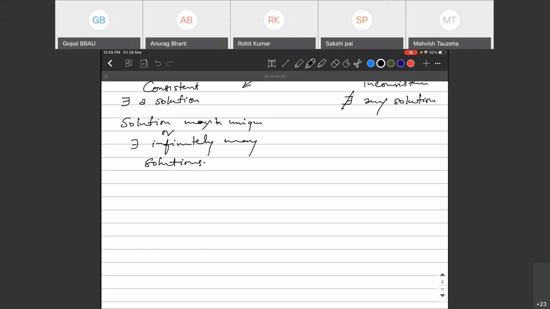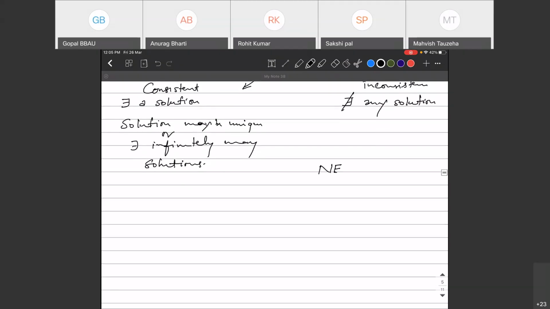Do you all know what the NET examination is? Have you heard about NET? National Eligibility Test. It is for lecturers, and if you do a PhD, then you get some fellowship from UGC or CSIR.